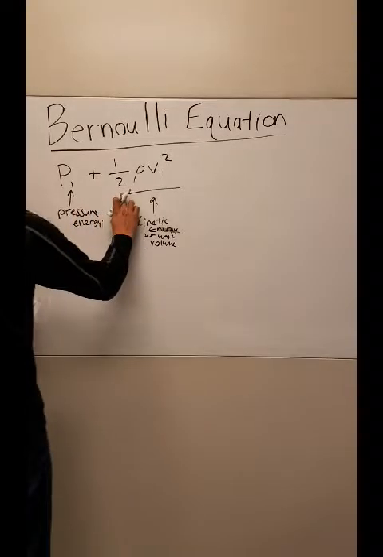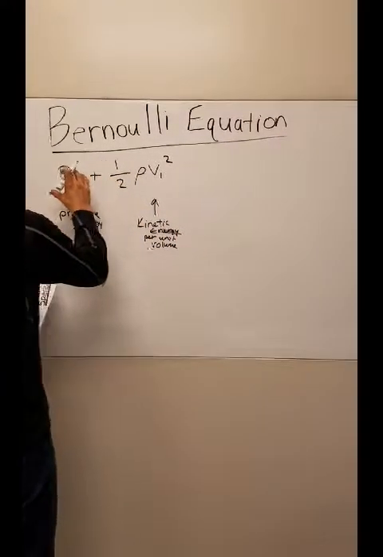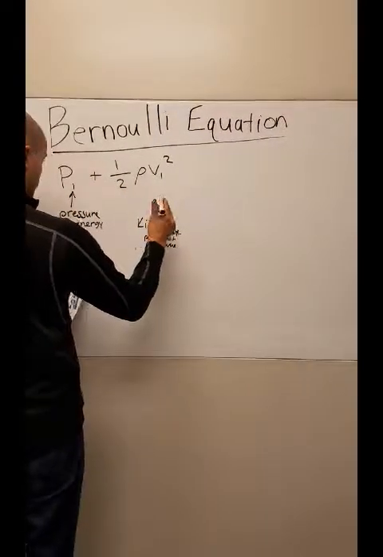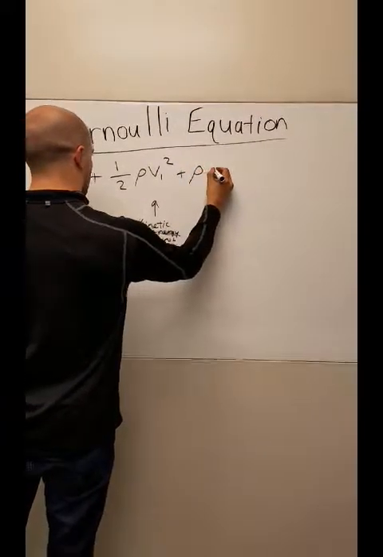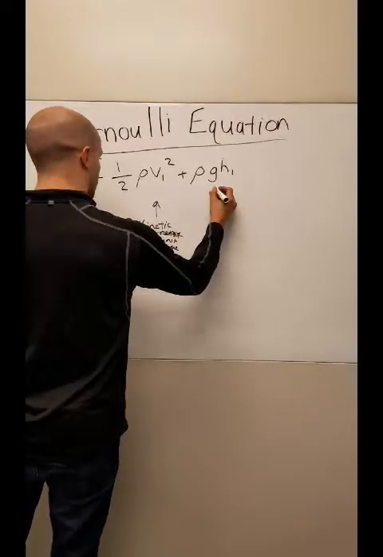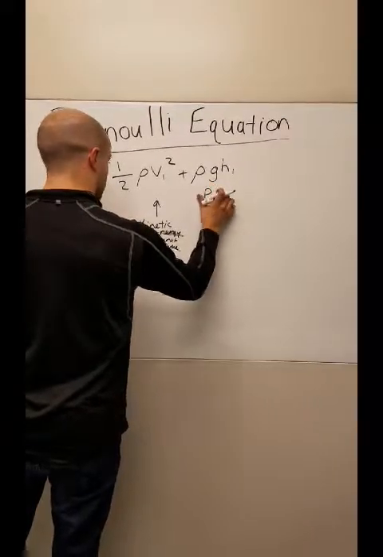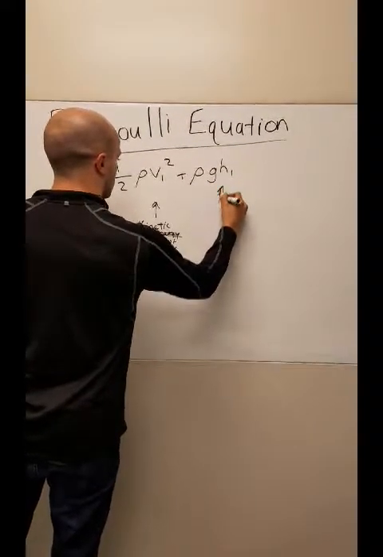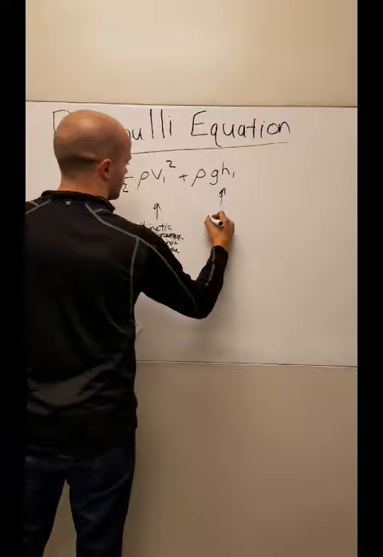And so you have your pressure energy plus your kinetic energy per unit volume plus rho g for gravity and your height, which represents the potential energy per unit volume.